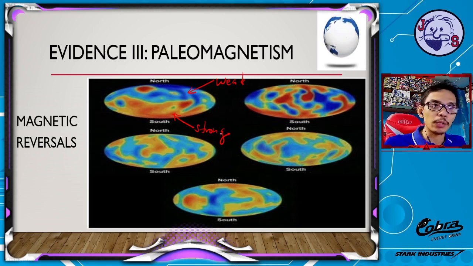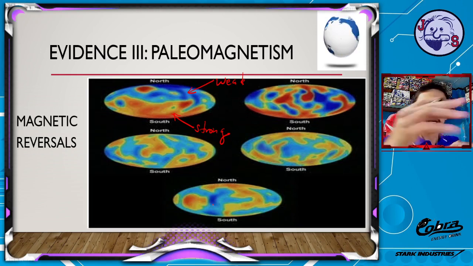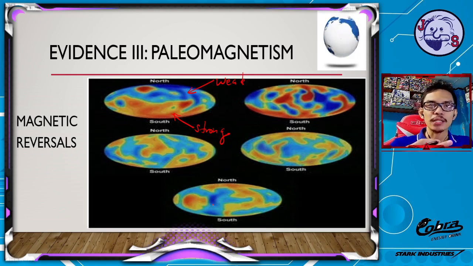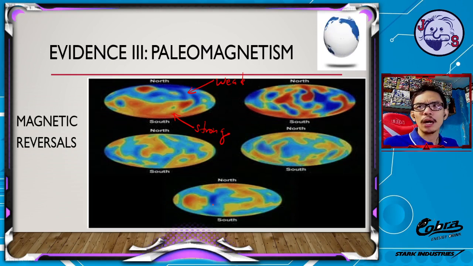So it weakens and it goes back again to its original strength once the reversal process is completed. It happens every 100 years, I think, or 200 or 500 years. So there are some variations in the magnetic field reversal.